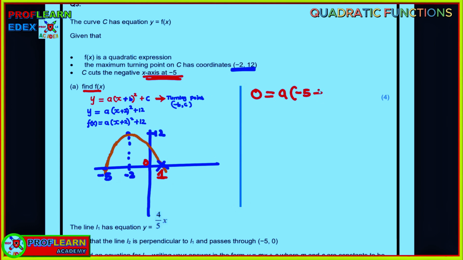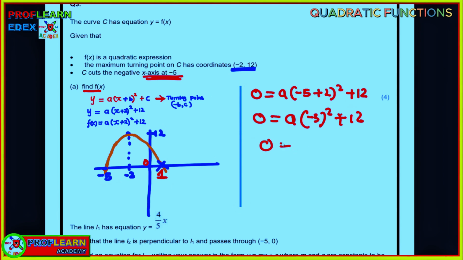Then this becomes 0 is equal to a into bracket -3, which is squared, plus 12.